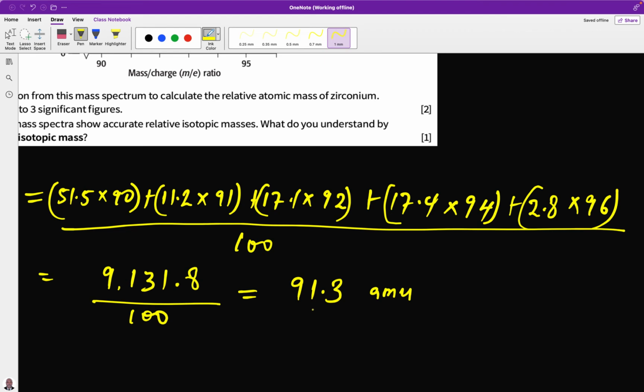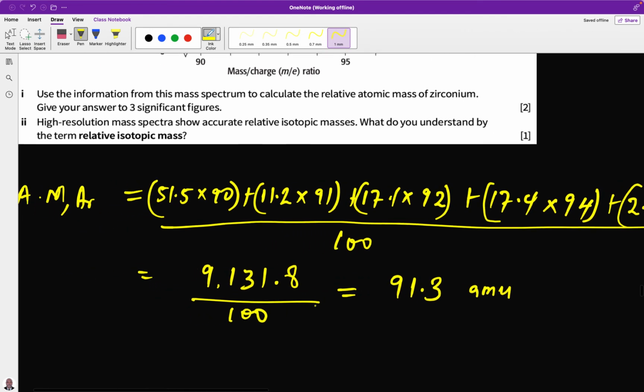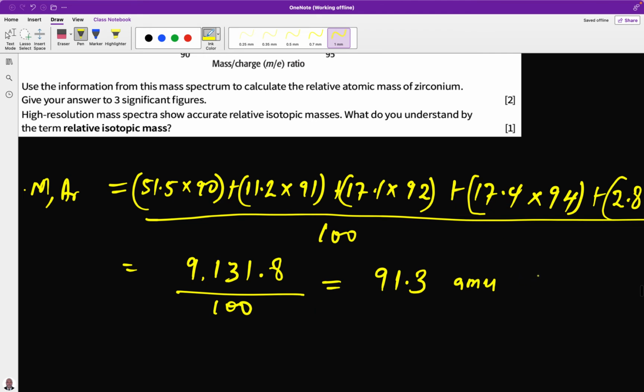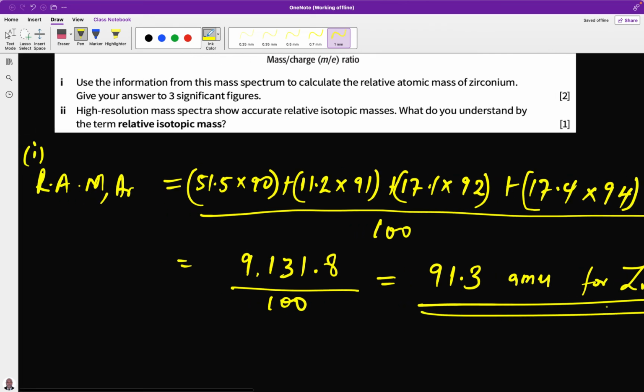That is the relative atomic mass for zirconium.